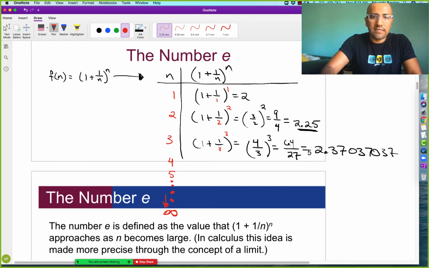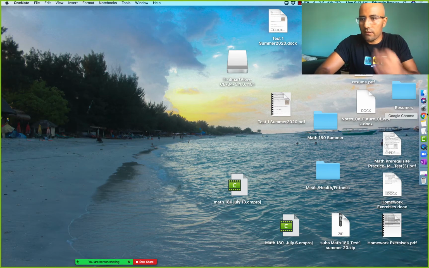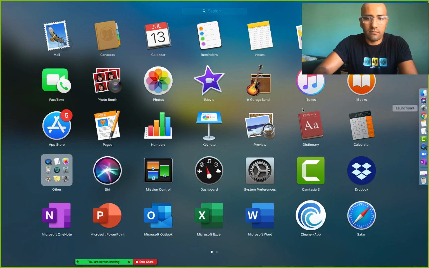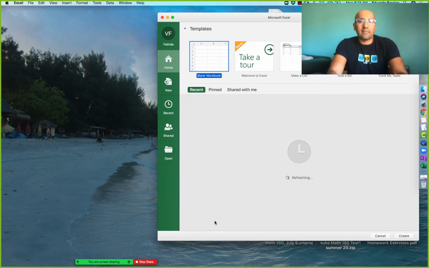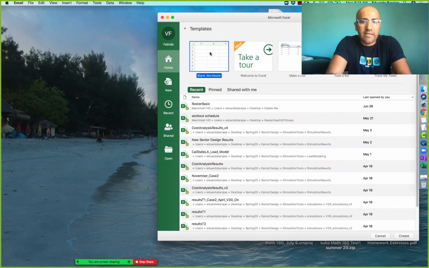So let's use Excel to try and see where that goes, and hopefully my computer can handle that. If not, we'll skip it, but let's see. So I'm just going to use Excel to repeat that little table I had just created, exact same thing.